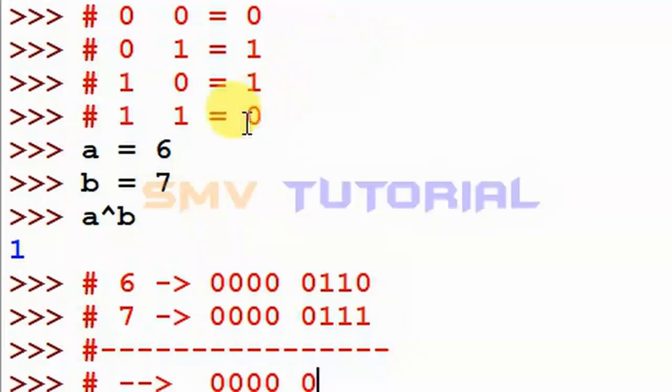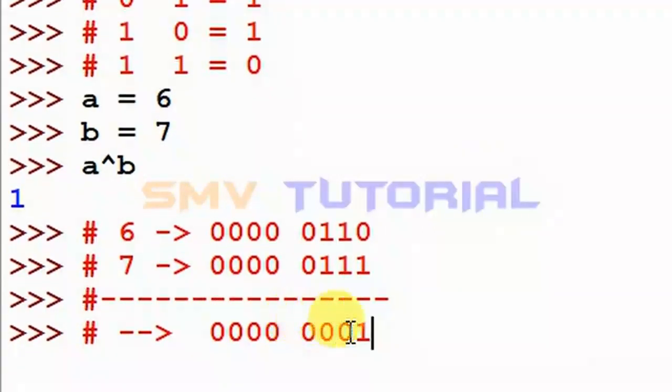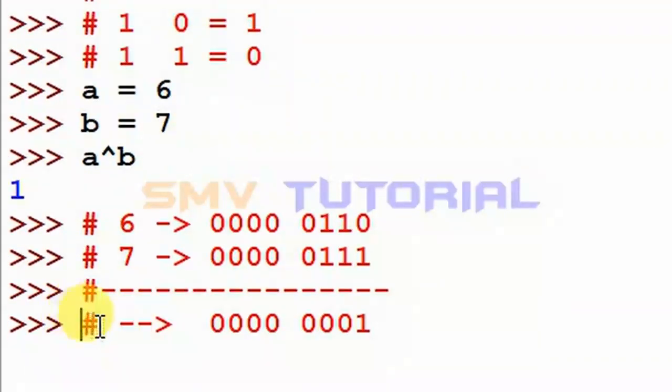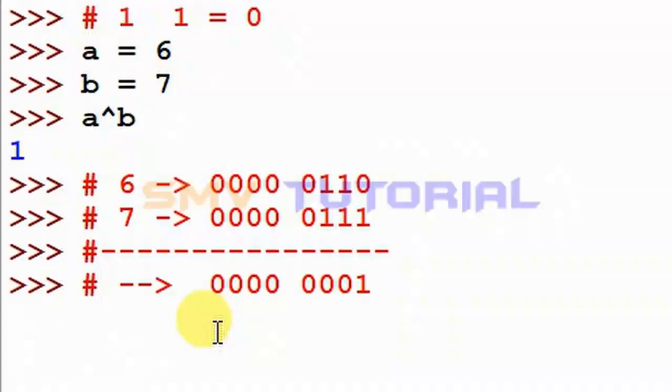Check for this condition. 1 1 is 0, and next 1 1 is 0, and next 0 1 is 1. So this binary value is a 1 number binary value. It's a 1 binary value.